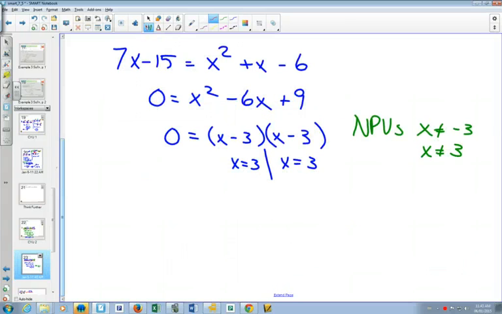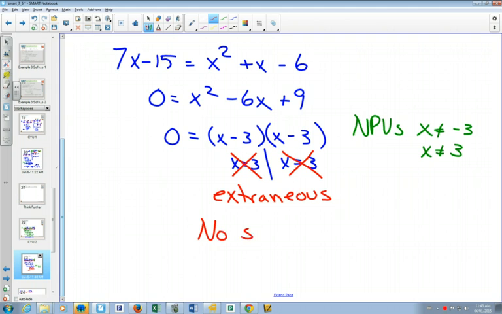Ooh. X is 3. So both of these are extraneous. They're both things that would have made the original equation explode. And since we end up with no answers that work, the solution to this one is no solution.